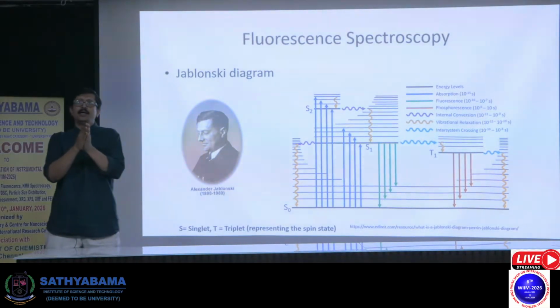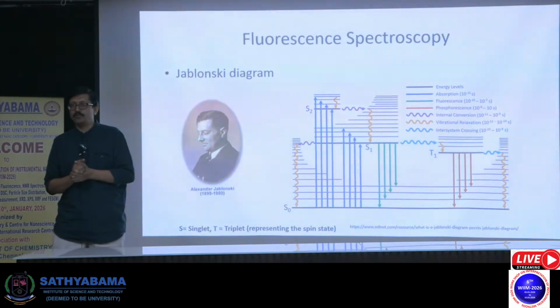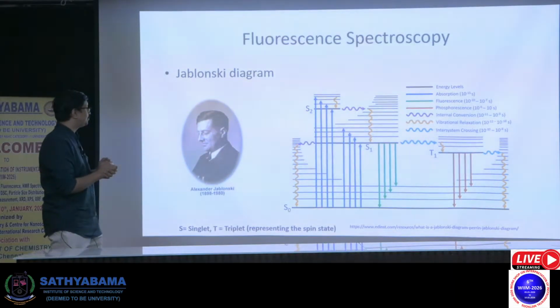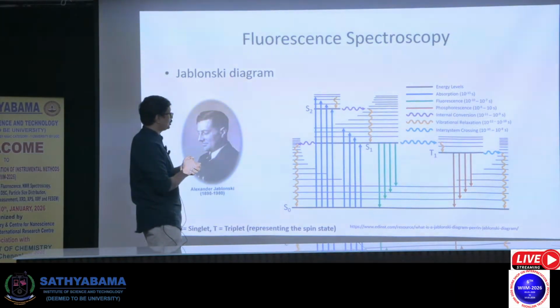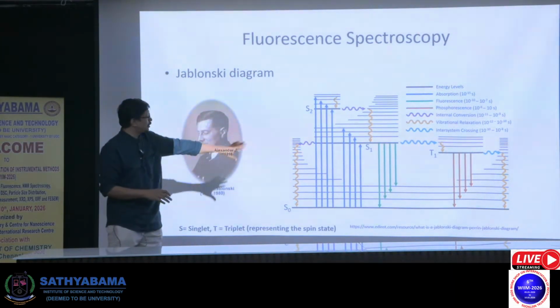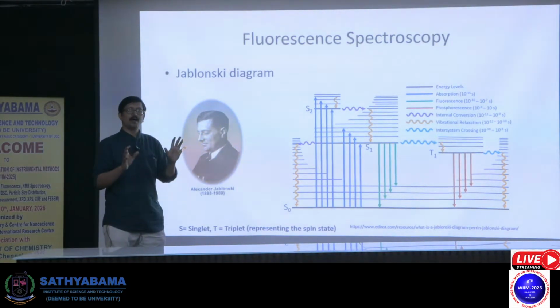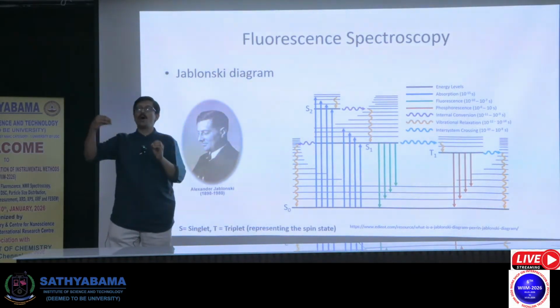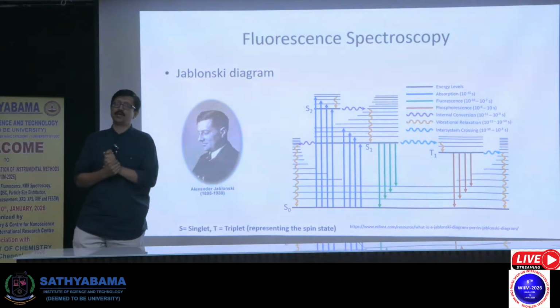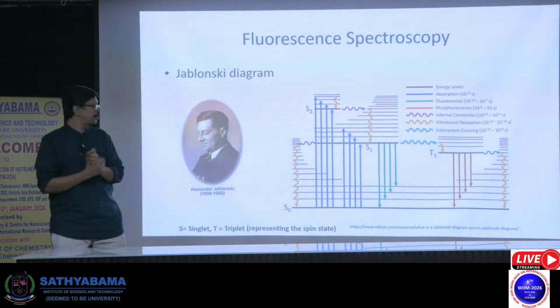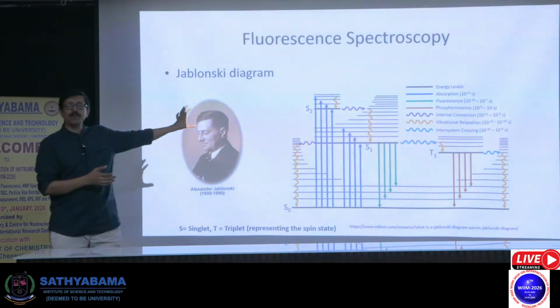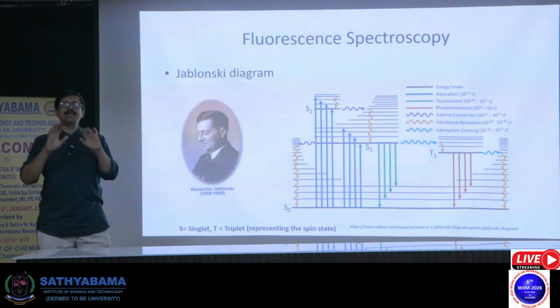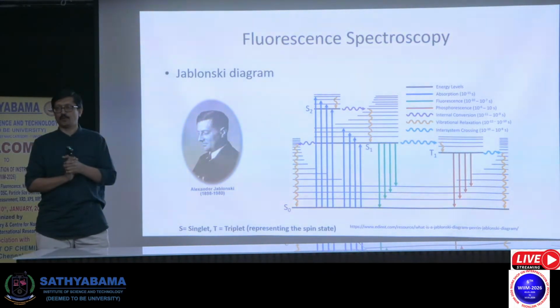These are all energy dissipating pathways in the form of heat. Now, all these processes basically explain what happens to the electron after light absorption. They're called photophysical processes. And one major study about photophysics is understanding the dynamics or the kinetics of these processes.